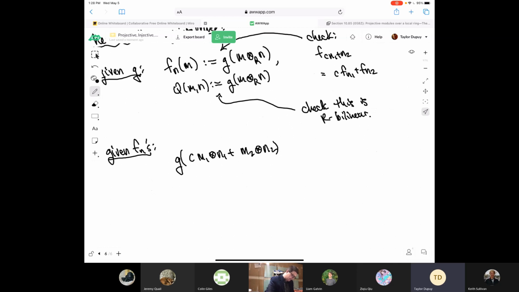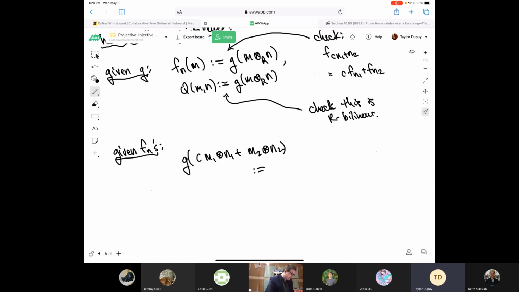Okay, so how do I define this map? So this should be c F of N1 M1 plus F of N2 M2. Okay, so this is how you define this, and then you should check that this is well defined, right?